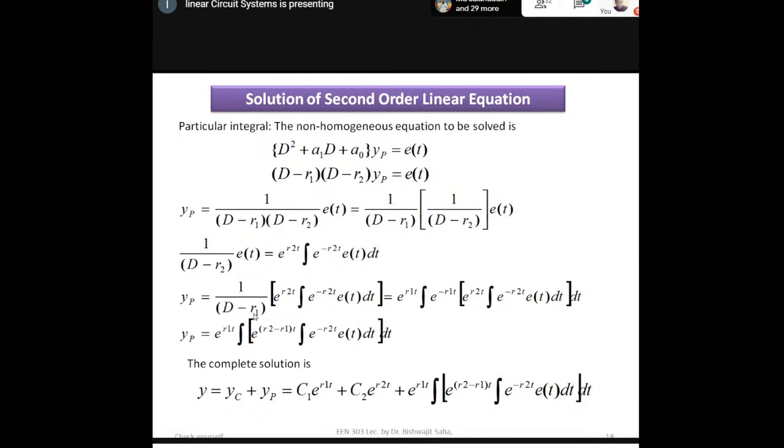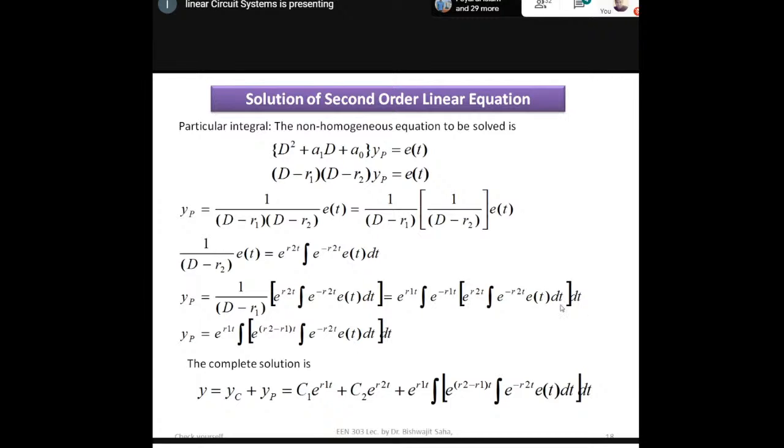So e to the power r1t, then integration of e to the power u1, where u1 is e to the power minus r1t. Then again you apply r2t, e to the power minus r2t, u of t dt, this term.